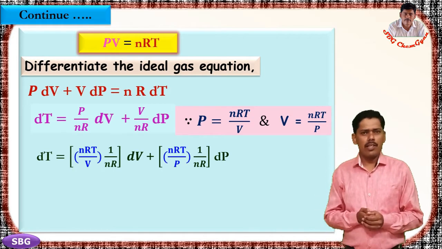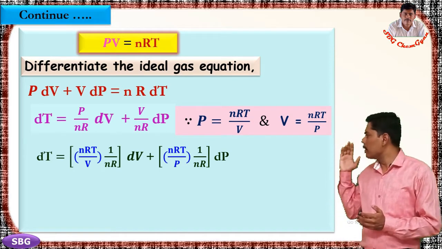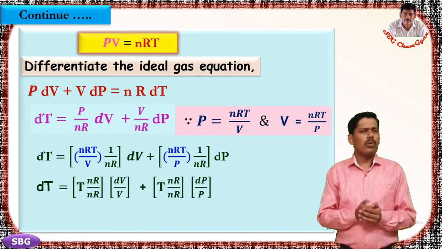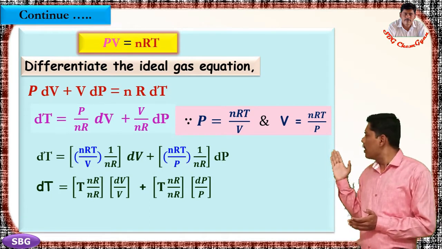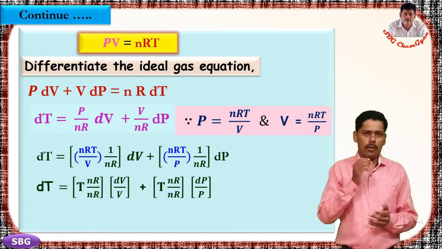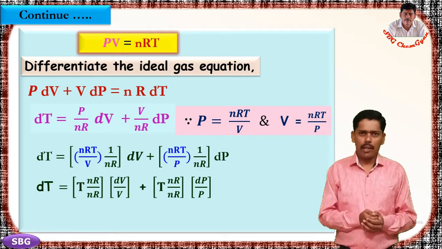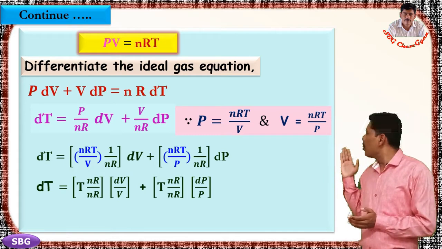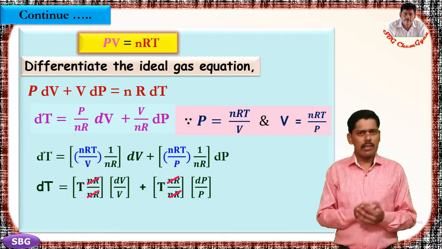After rearranging this equation, for simplicity, we get dT is equal to T into nR upon nR into dV upon V plus T into nR upon nR into dP upon P. nR upon nR gets cancelled.